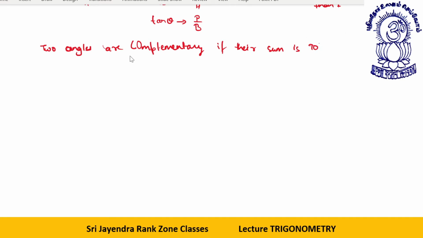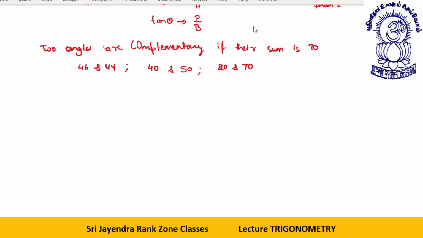Two angles are said to be complementary if their sum is 90 degrees, like 46 and 44, 40 and 50, 20 and 70.